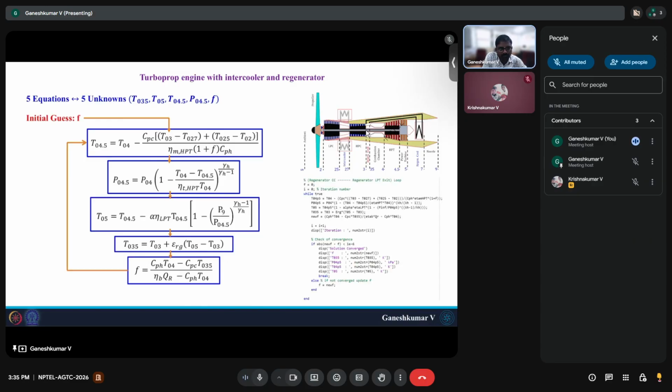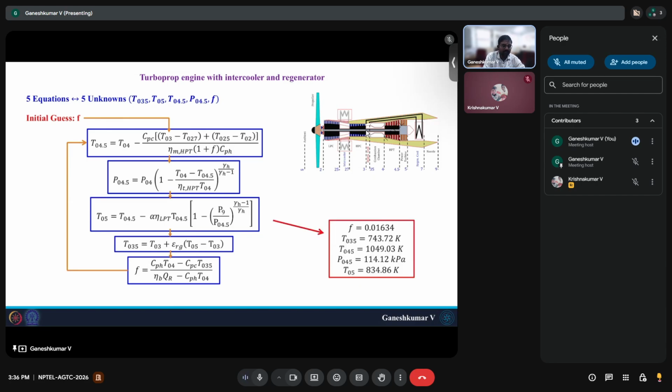Typically it would take two or three iterations. If your initial guess is very good, it will take two iterations; if not, maximum three or four. That will give you the value of f to be 0.01634, and the other temperature and pressure values you will get.